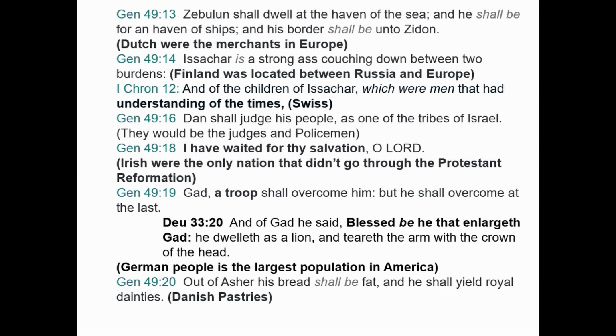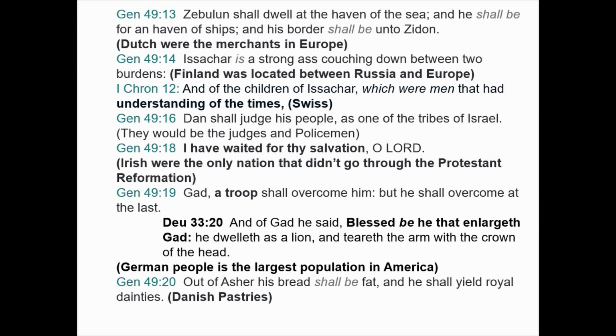They would have been up there near their brothers in the Scandinavian countries. They would have been in Denmark. They would have also extended themselves down into the area of Belgium. Both of them are famous for foods. The Belgians make chocolates and Belgian waffles, and we also know about the Danish pastries.